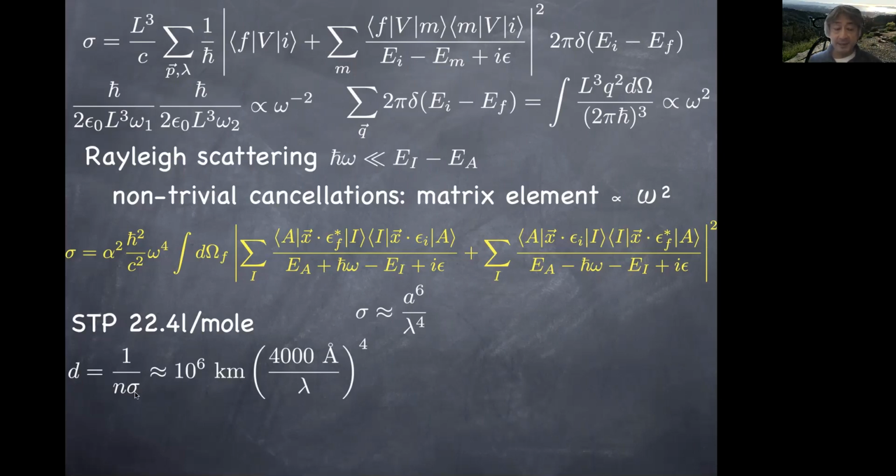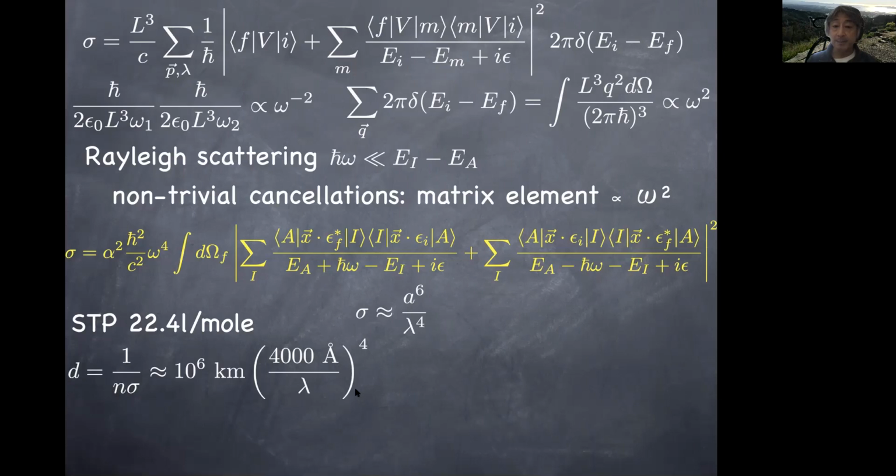That makes sense. If the cross-section is larger, then the photon would hit the target right away, so the mean free path is short. If the density is higher, again, you have more targets, so the photon would hit a target quickly and the mean free path is short. So (n sigma) inverse is what gives you the mean free path of the photon in the atmosphere.